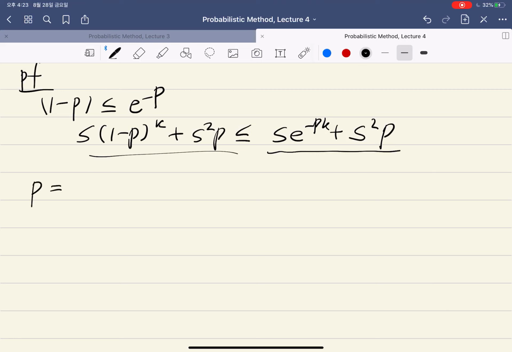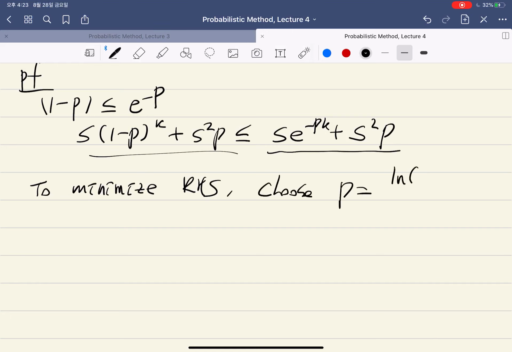So to minimize the right hand side, choose P as log k over s over k.